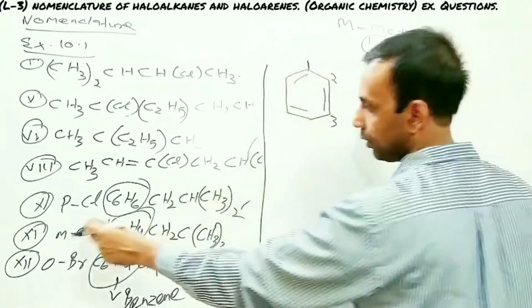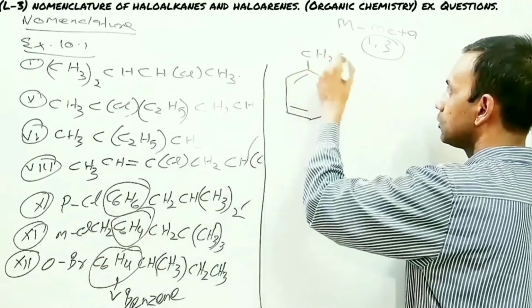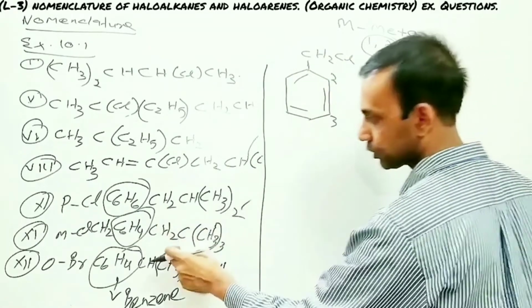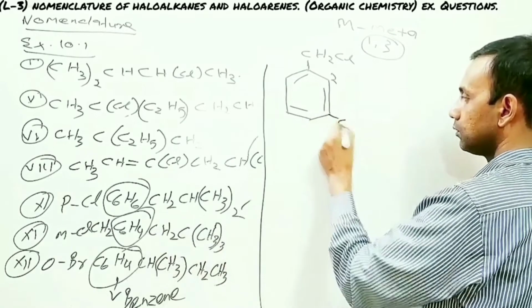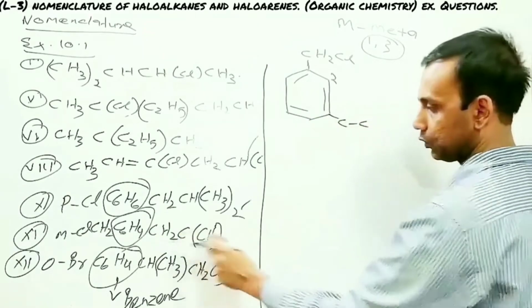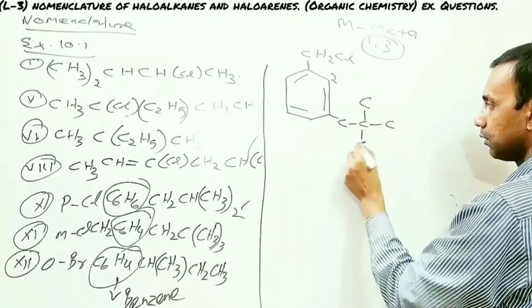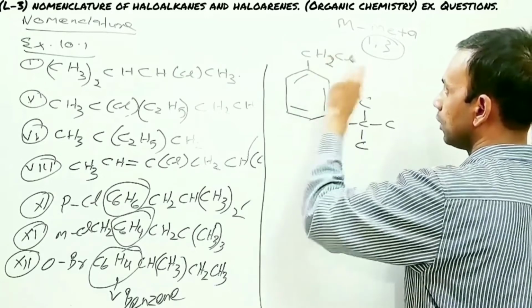You have CH2Cl right here, CH2Cl, and you have all these, sorry, I'm doing this one. So C, and you got 3 carbons in the branch. This is it. Forget the name. So this is going to be called chloromethyl.